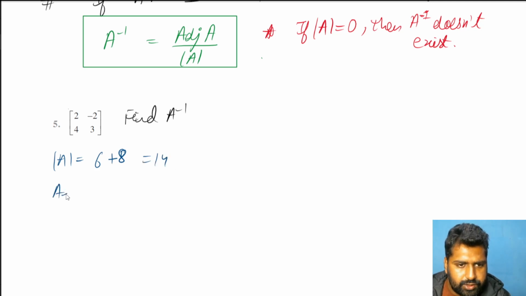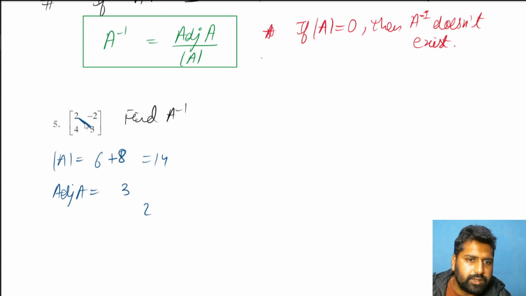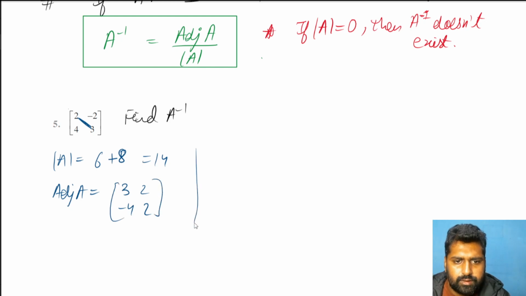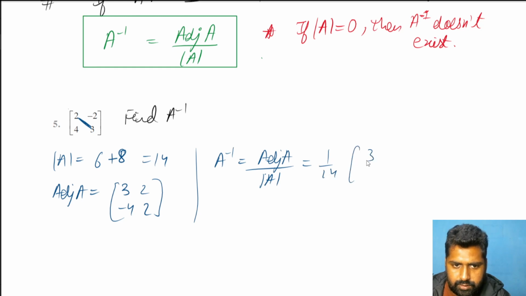Now let's calculate the adjoint of A. Adjoint: interchange these, so 3, 2, and apply a negative sign to the other diagonal. So minus 2 becomes plus 2, 4 becomes minus 4. That's the adjoint. So A inverse is equal to adjoint A divided by determinant of A. So 1 by 14 of 3, 2, minus 4, 2.